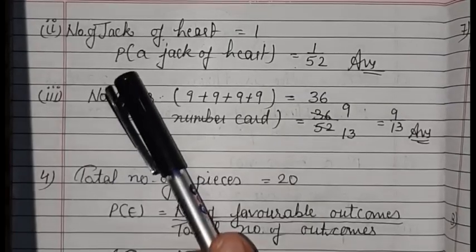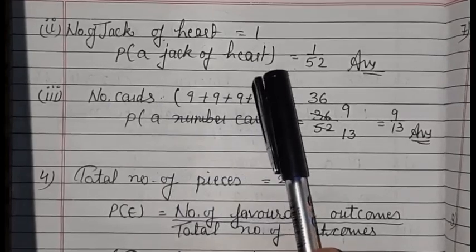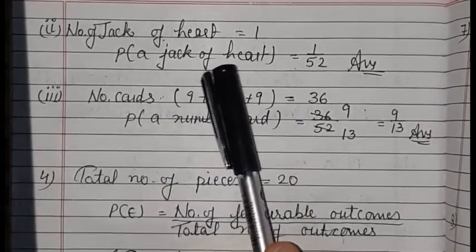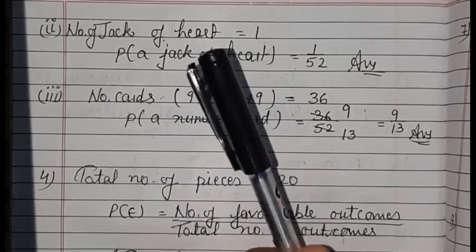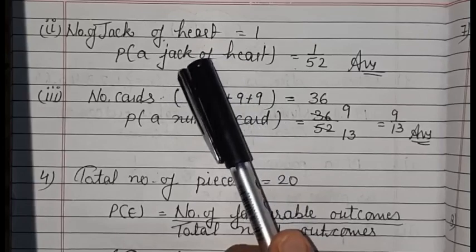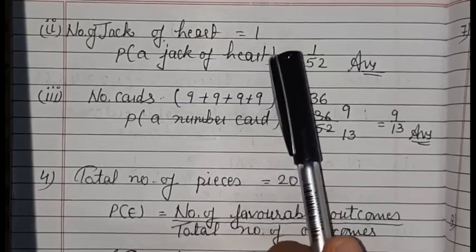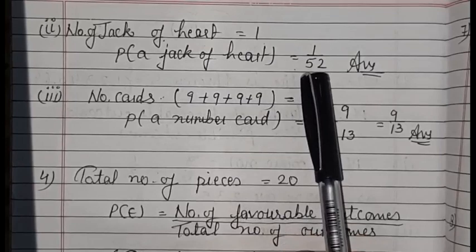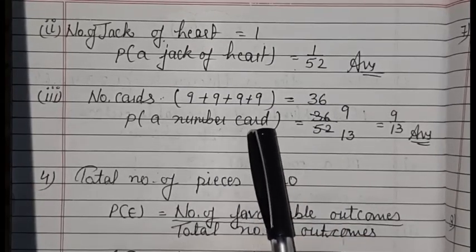Now to calculate the probability of a jack of heart. We know that the jack of heart is only one card. Right? So the probability of a jack of heart is 1 by 52. Probability of a number card.